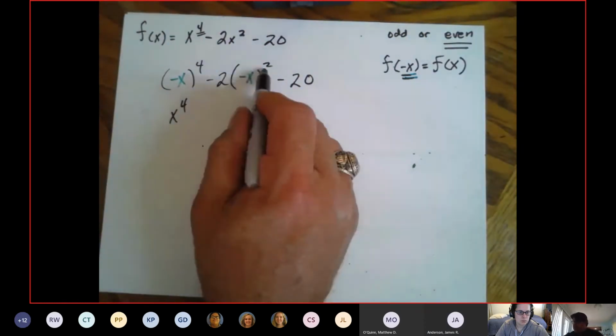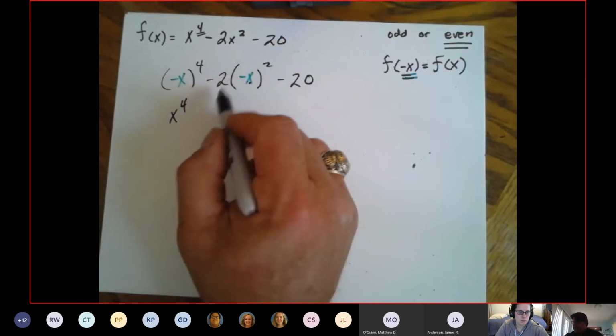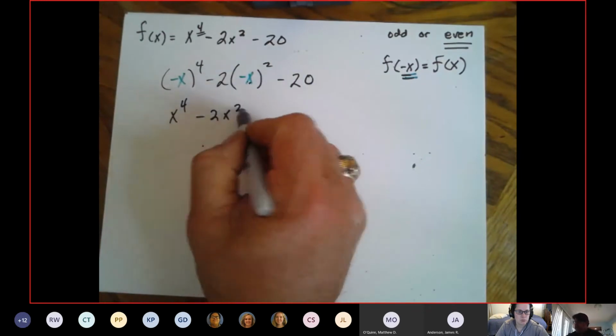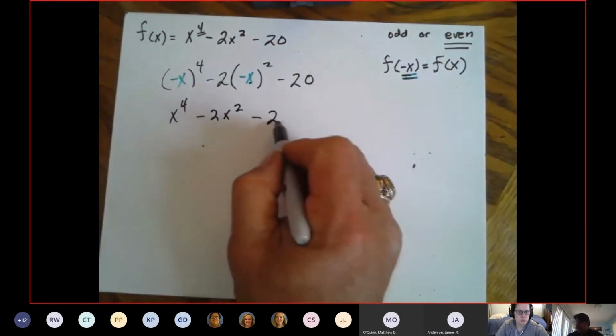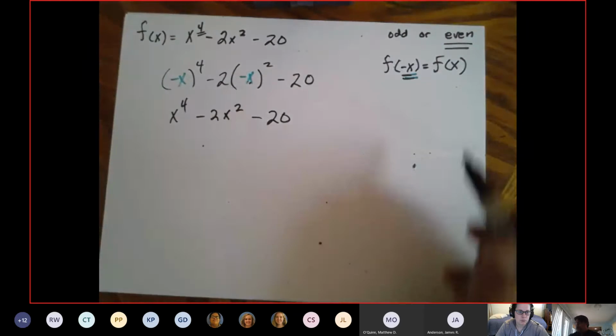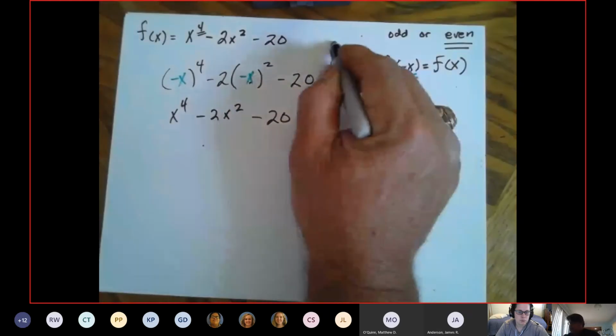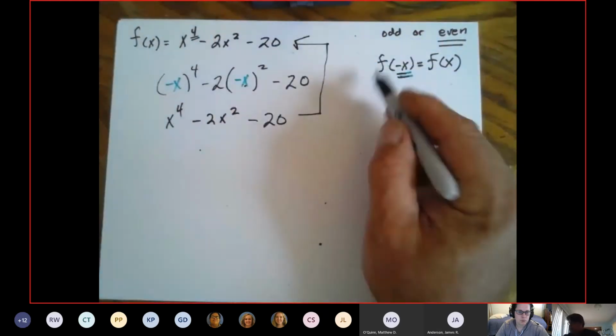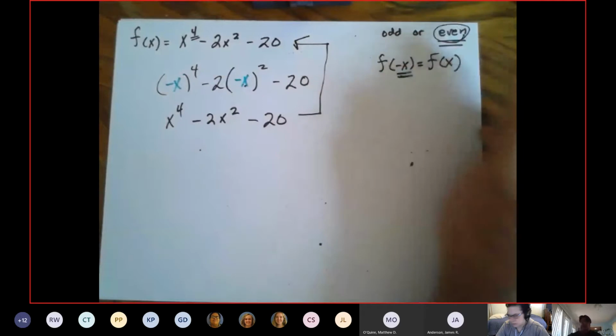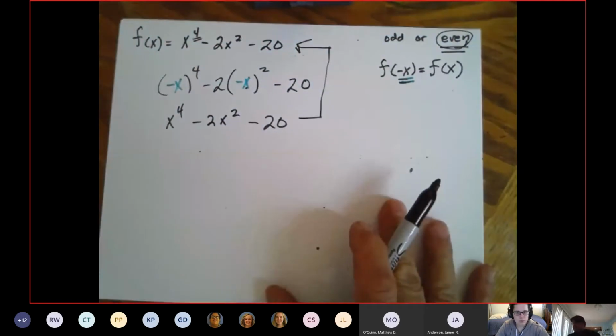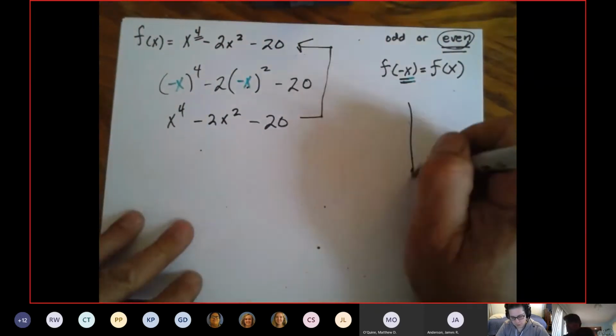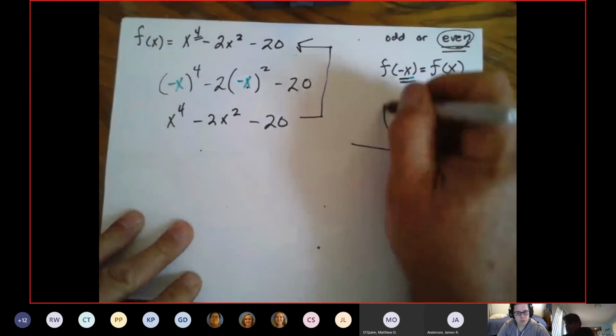Negative x squared is positive x squared. That's going to be negative 2x squared minus 20. So it does equal f of x, which means this is an even function, which means that it is symmetrical around the y-axis.